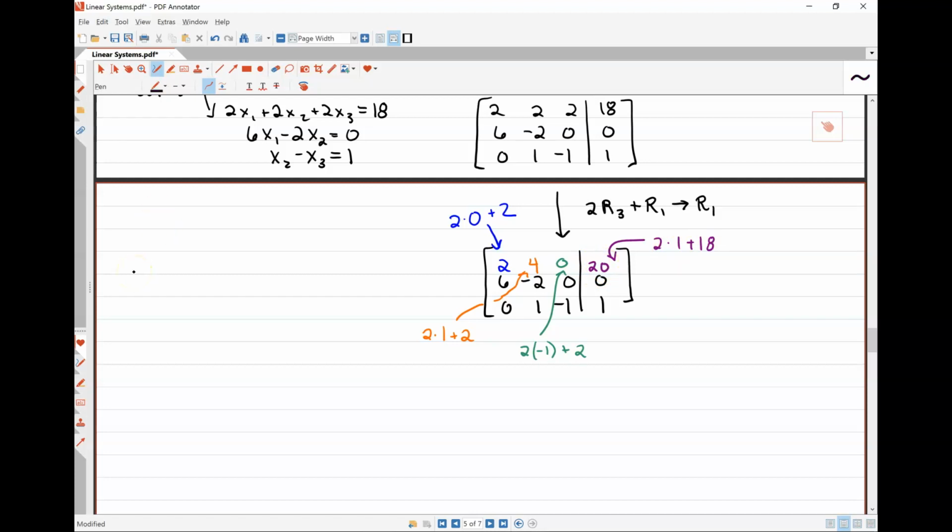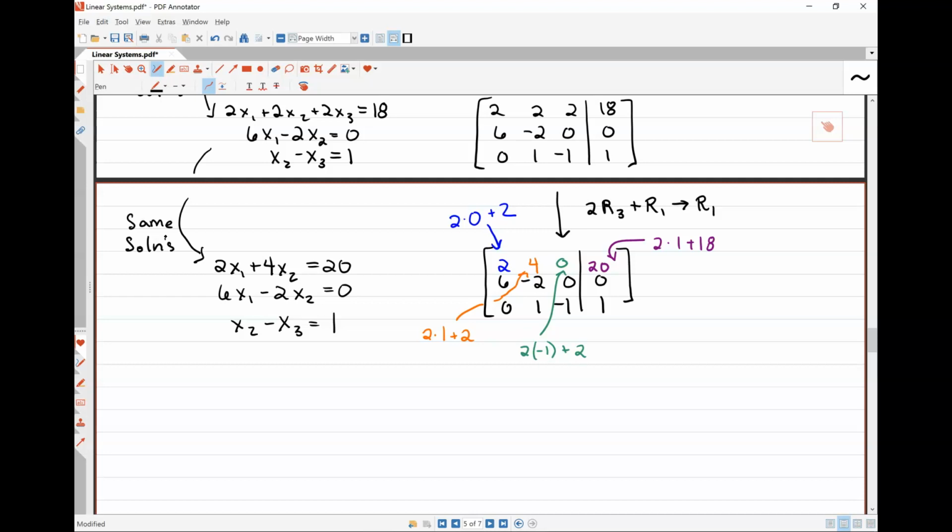So how does this change the linear system? Well, let's write down the corresponding equations. This is 2x1 plus 4x2 equals 20. These two systems still have the same solutions. If you think about solving systems of linear equations in Algebra 2 in high school, that may help to see why those two things have the same solutions.